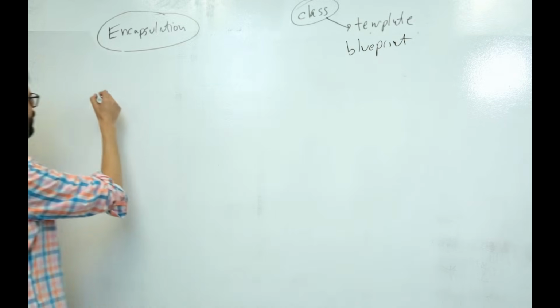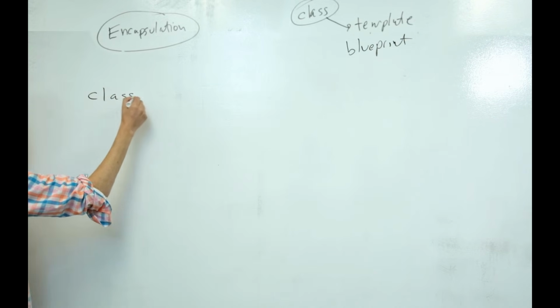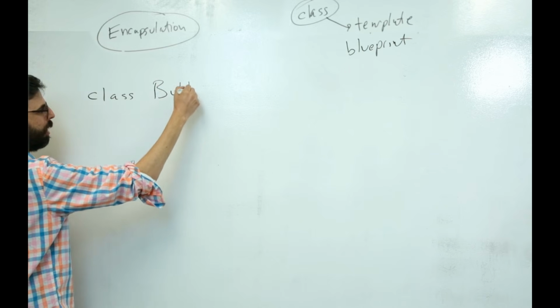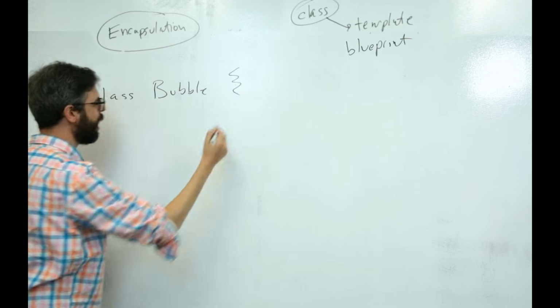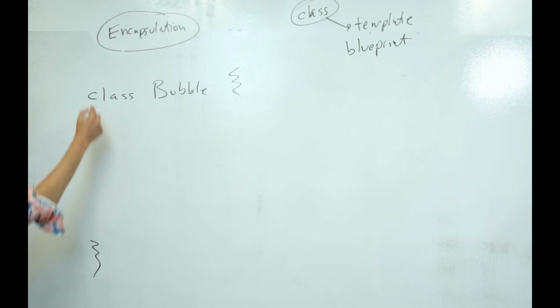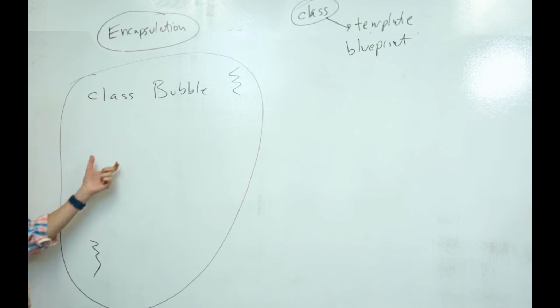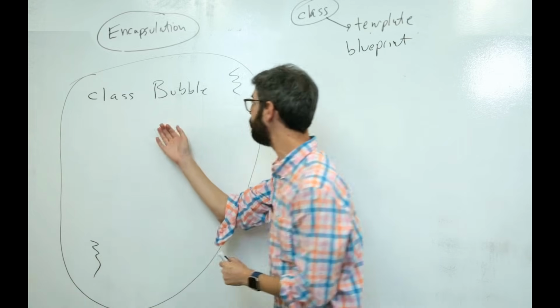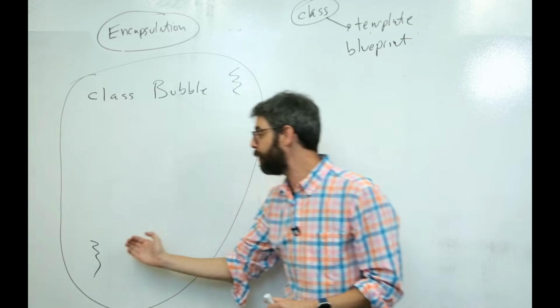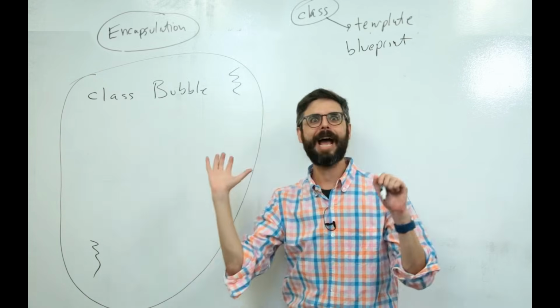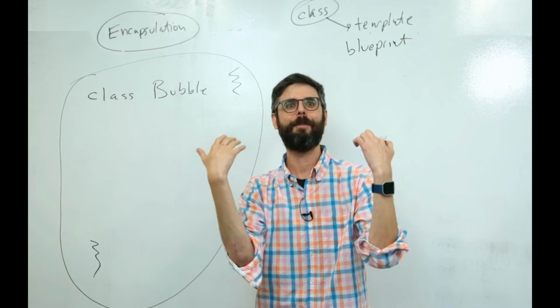The class, which is a new block of code that I'm going to ask you to write if you choose to follow these tutorials, is this idea of encapsulate. Everything that goes in between the open curly bracket and the closed curly bracket is everything that it means to be a bubble.